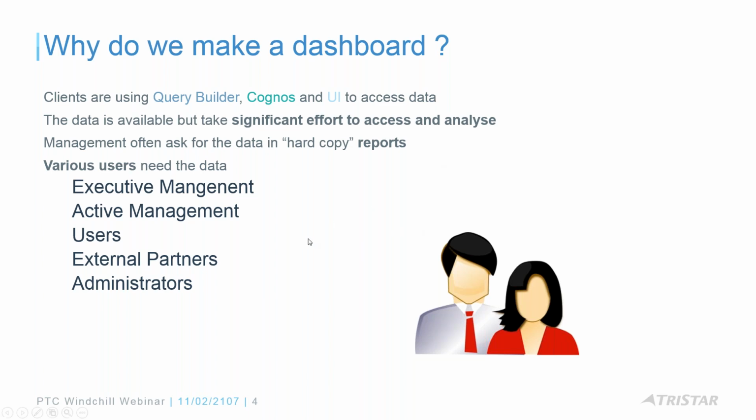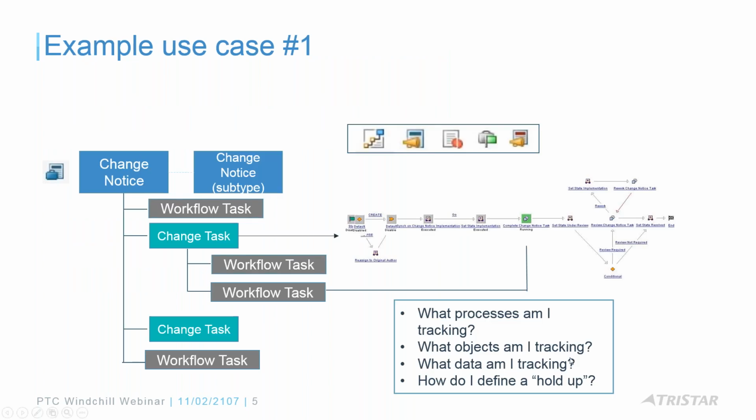So TriStar realized, why don't we put in a framework to let the user, whoever that user may be, whether they're executives, in management, external partners, manufacturing, engineering users, or maybe some administrators within the various systems within the company, quickly get those reports on demand as they exist currently within the system, not as something that's maybe generated a week ago.